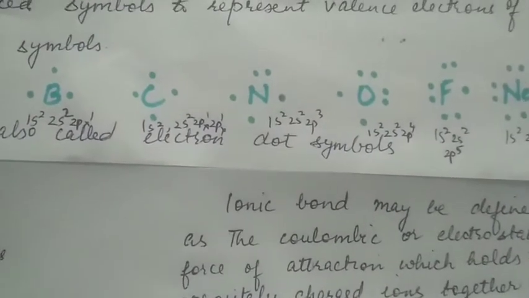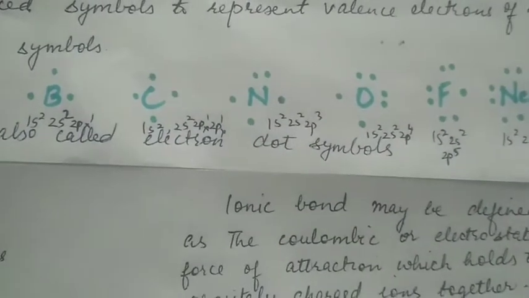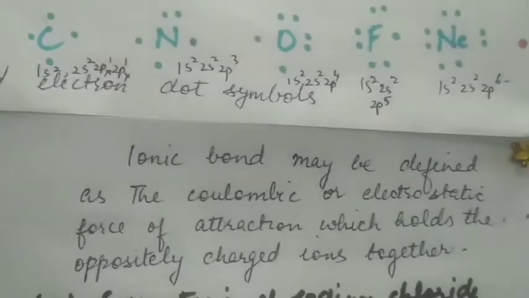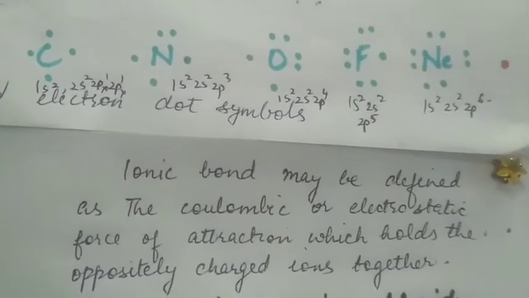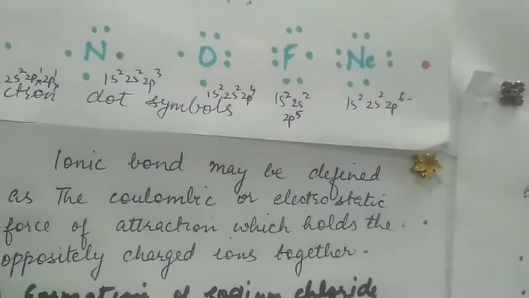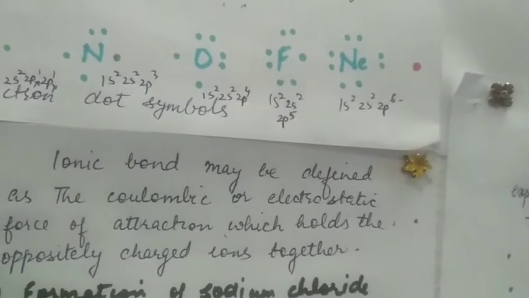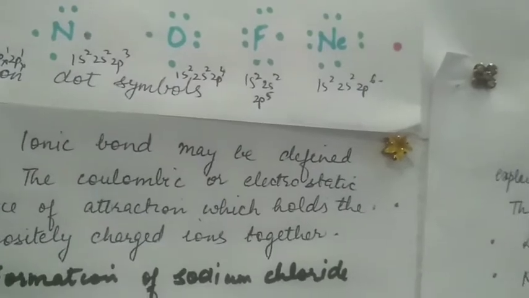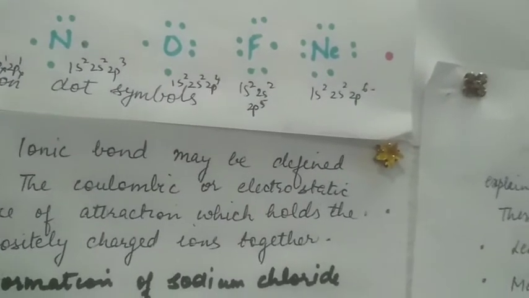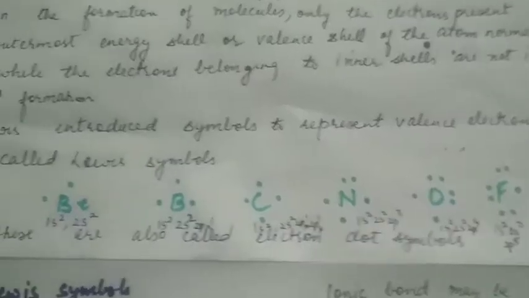Nitrogen has 5 electrons in its valence shell, 5 dots with the symbol of nitrogen. Similarly, in oxygen, we show 6 dots. In fluorine, we show 7 dots. 2s2 2p5 is the outermost shell configuration, 7 electrons. And in neon, there are 8 electrons, 2s2 2p6. So 8 dots are shown.